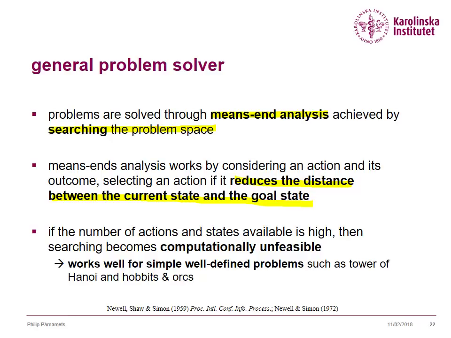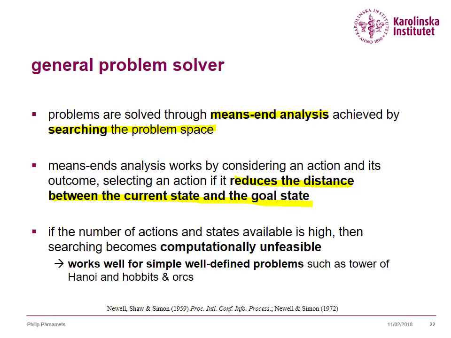And with this way of searching the problem state, as I just described, and this coffee problem, there are two possible actions that I can take to reach my final goal state. Then means end analysis is a very efficient way of solving the problem.